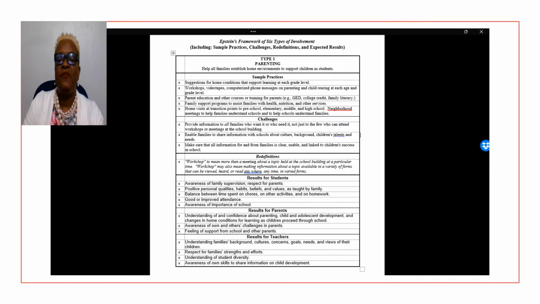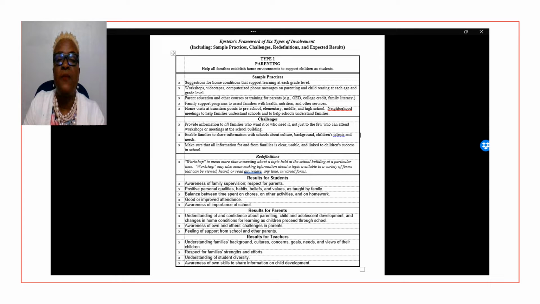As mentioned previously, Joyce Epstein has six types of parental involvement. This framework was used, like with many others, as a model for our parental engagement.